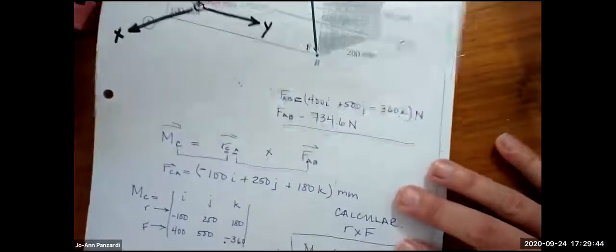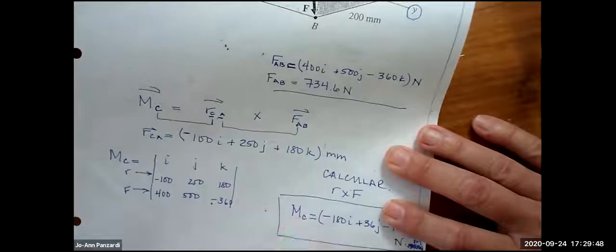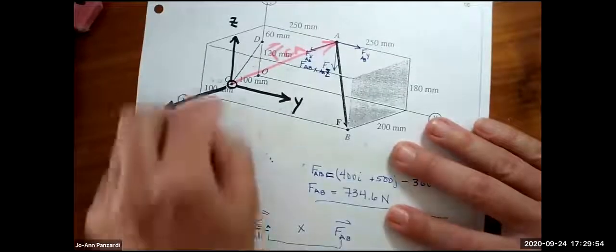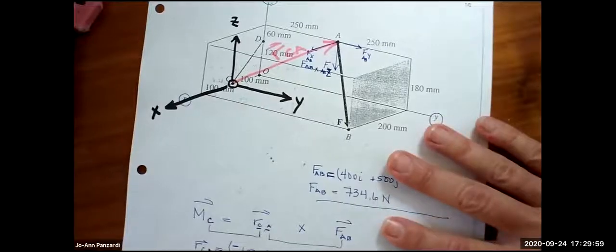The important thing I want you to remember is we are calculating the moment about point C. So we're actually looking at the components of the moments. And I want to keep going before Dave and Jason ask a question.